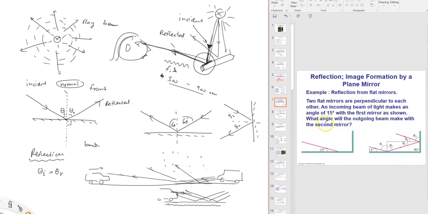The question is, what angle will the outgoing beam make with the second mirror? So I'll leave it as a question for you guys. Okay, give it a try. Actually, I'll give you the answer. You work that problem. The answer, I think, is 75 degrees. Alright, give it a try.